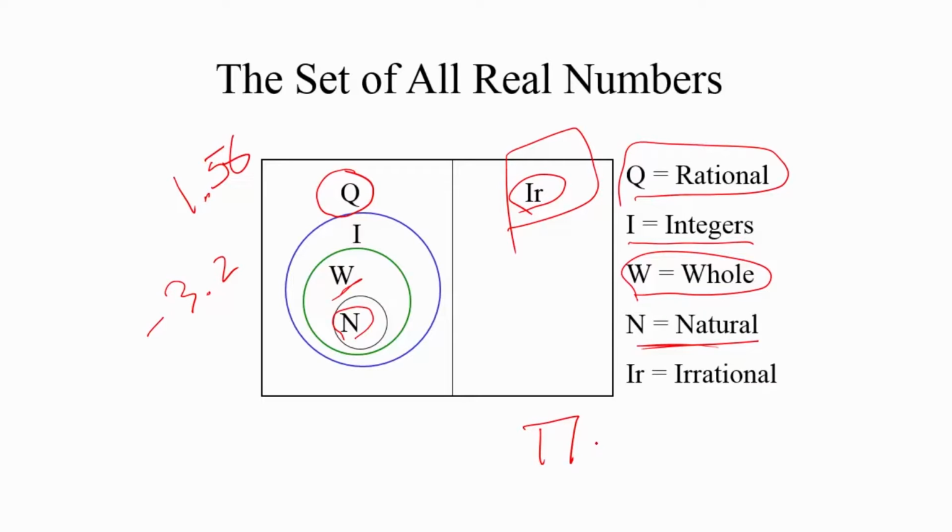Because the value of pi is 3.14 and it continues with different numbers. It never terminates at the end. You can go to, I don't know, 2,000 digits to the right and it would never terminate. That would be an irrational number.